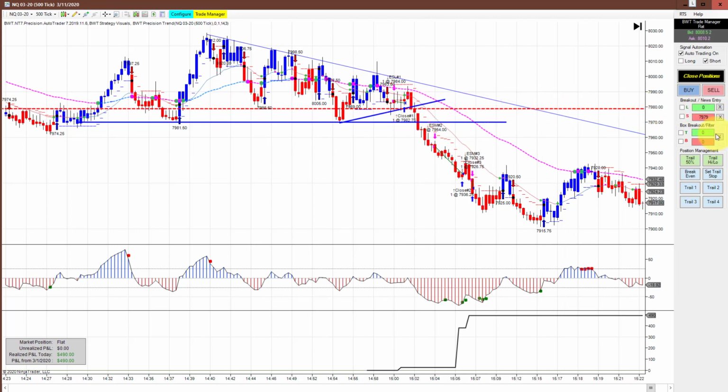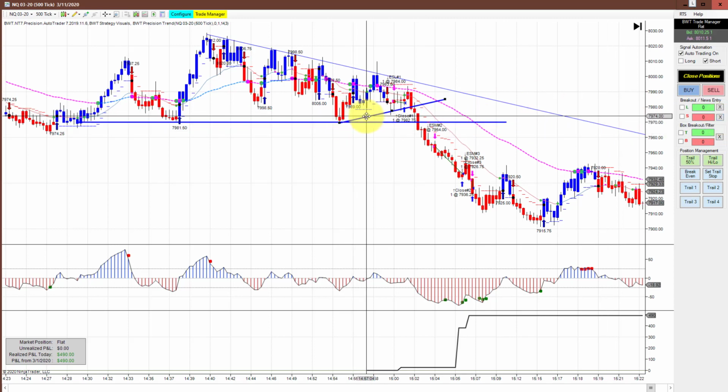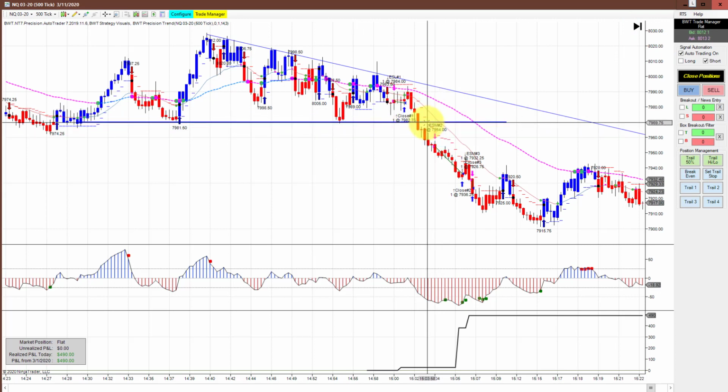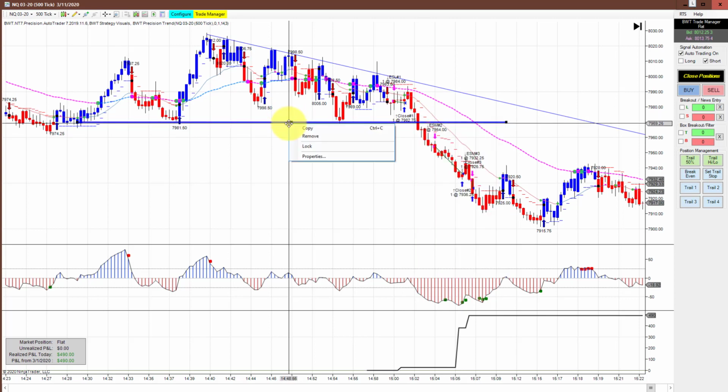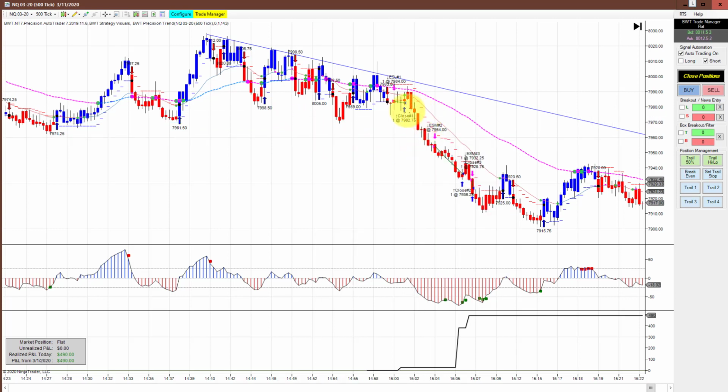You can do it like that, or you can use the breakout box. But the Autotrader is very versatile in how you can enter a trade. Or you can wait for the logic of the Autotrader to take you into the trade.